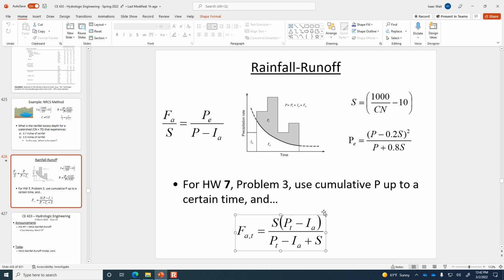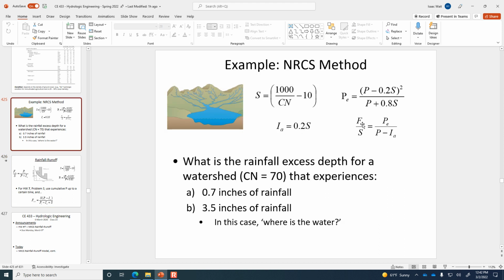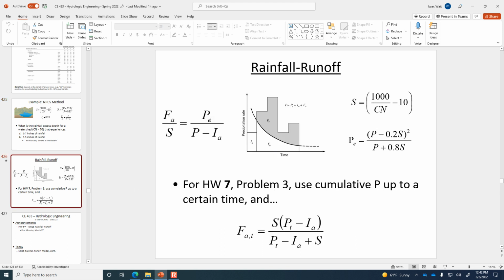Here we've just rearranged this equation, expressing it in terms of up to a certain point. So S doesn't vary based on time. It's just a maximum storage quantity. Initial abstraction also doesn't vary based on time.